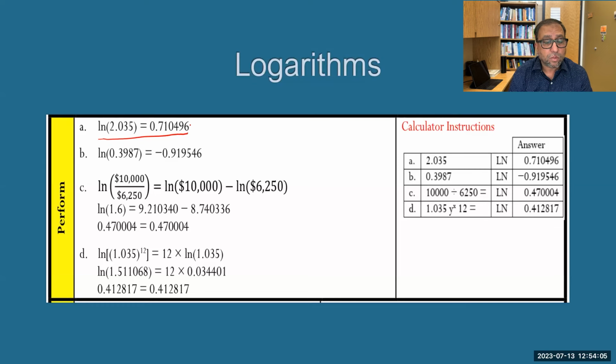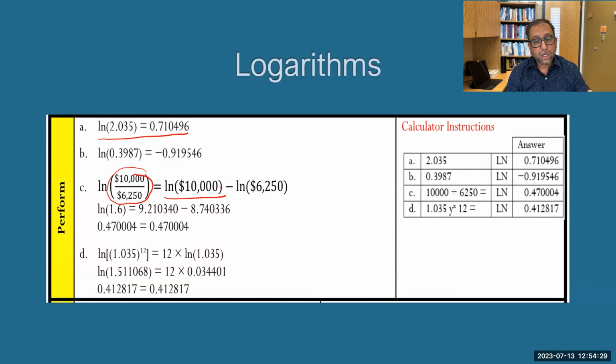Now, for the natural log of a number in fractional form, the solution is that you take the natural log of the numerator minus the natural log of the denominator. That's a rule that you have to keep in mind.